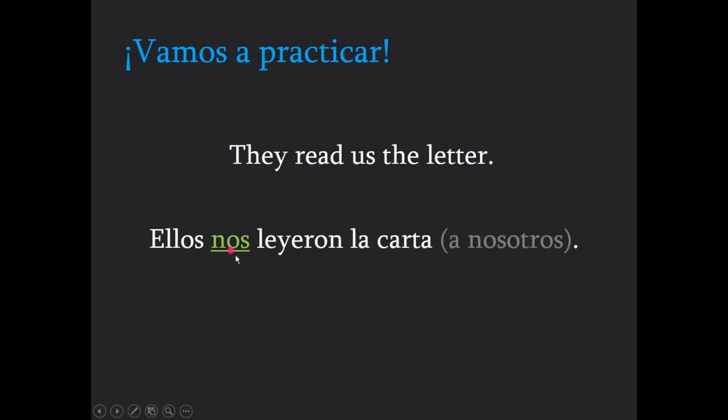So there's really no reason normally to even have to say a nosotros, because nos, it's not like le. Le often has to be clarified because you're not sure who it's going to be, but nos doesn't have to be clarified most of the time because there's no confusion about who that means. They read us the letter, or they read the letter to us.